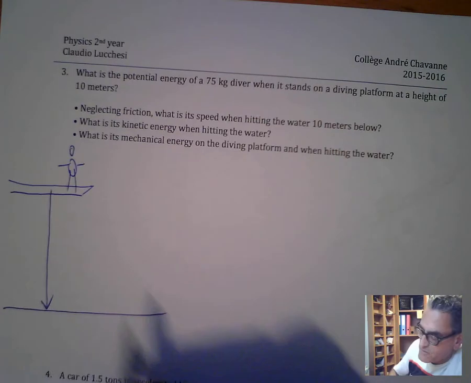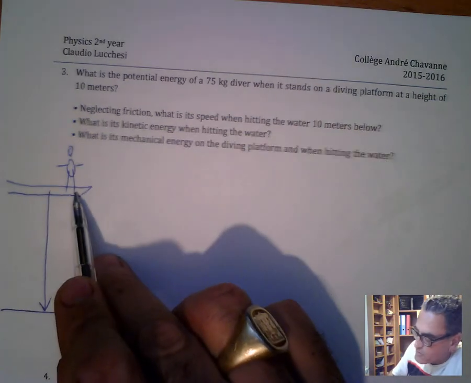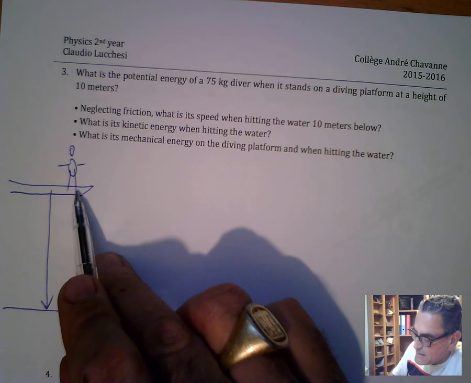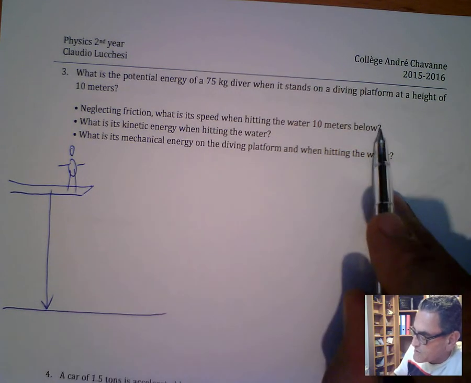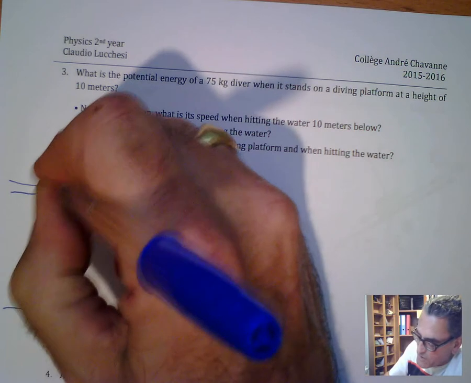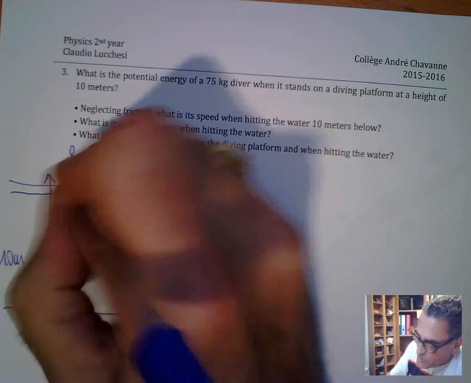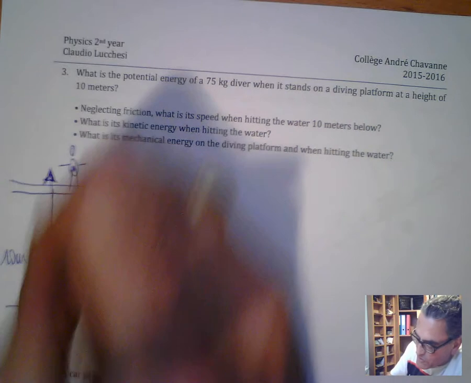Now, do you want to put the 10 meters at the level of the feet? No, 10 meters, he hits the water after 10 meters. So let's say that this height of 10 meters concerns the center of mass of the diver.